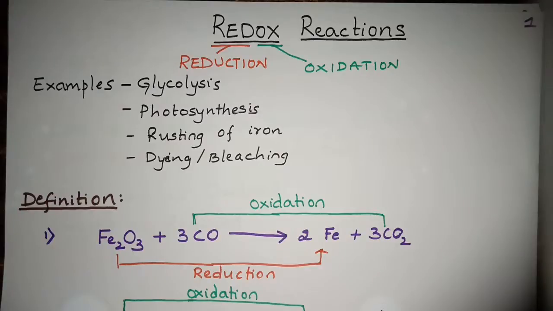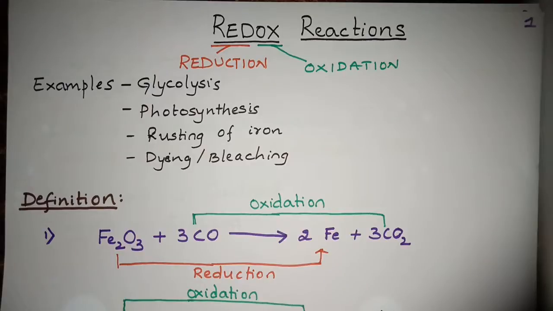So where do you come across this equation? This is seen in our blast furnace, right? I'm sure you have studied about the extraction of metals, the metallurgical processes, and in iron extraction you would have seen the methods to convert iron oxide to molten iron.